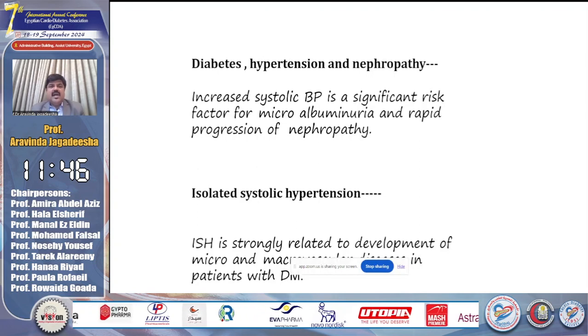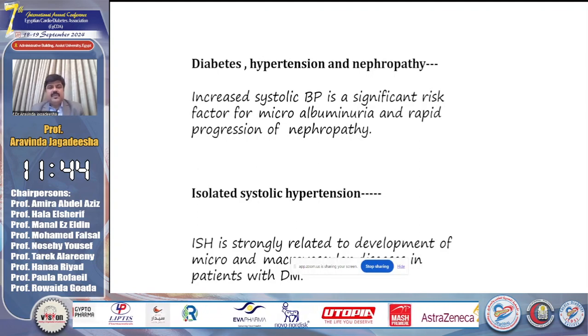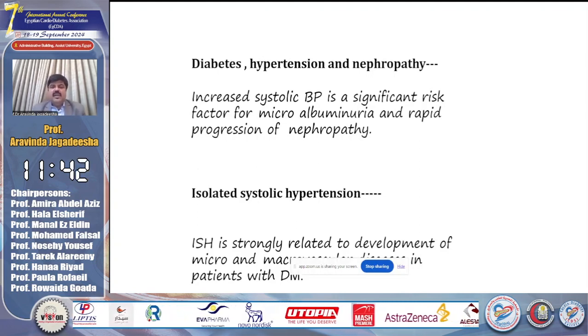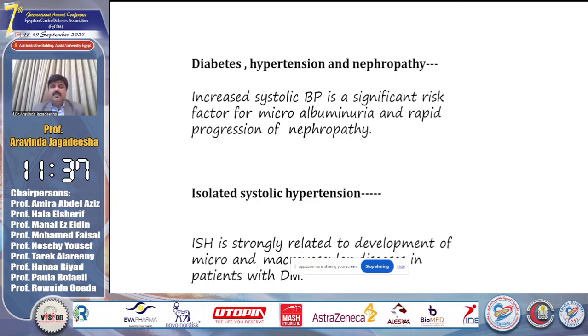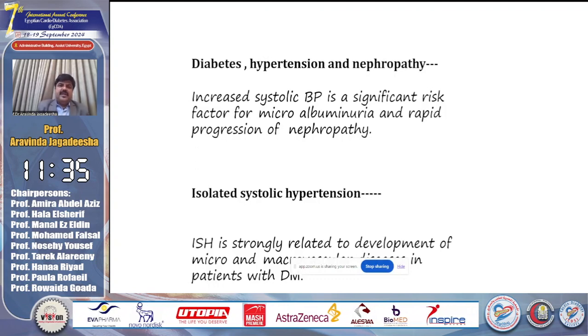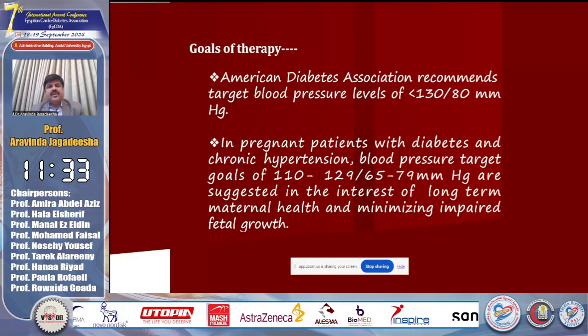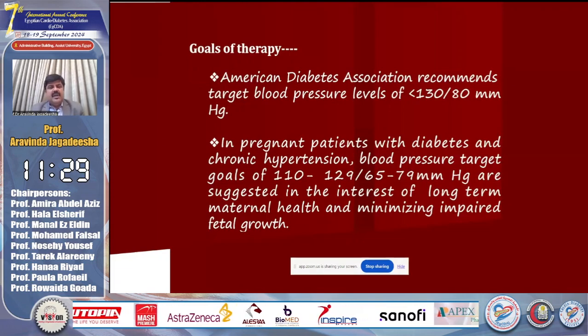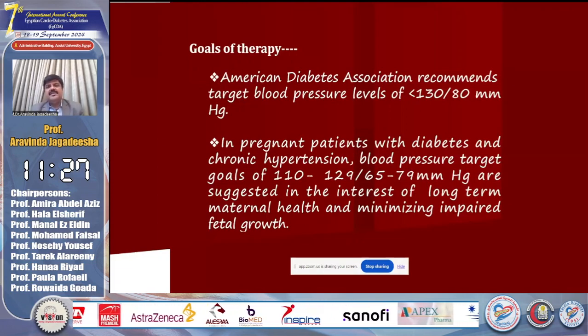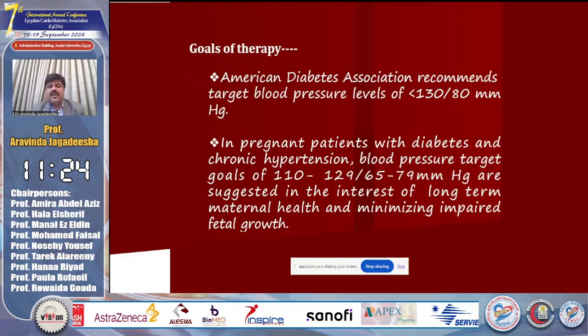nephropathy. Isolated systolic hypertension is strongly related to the development of micro and macrovascular disease in patients with diabetes mellitus. So, the goals of therapy: the American Diabetes Association recommends target blood pressures of less than 130 by 80 millimeter of mercury.